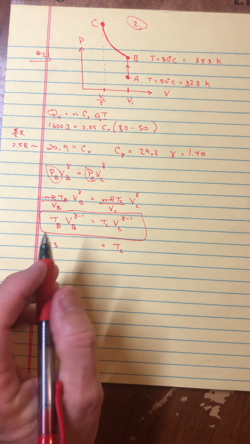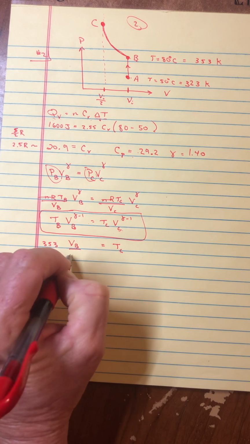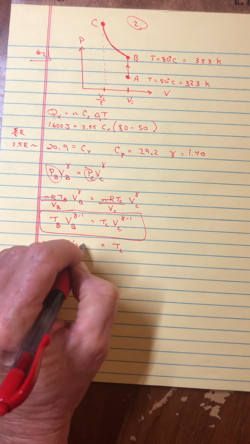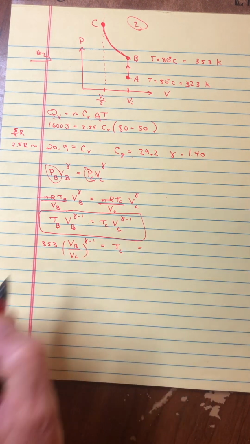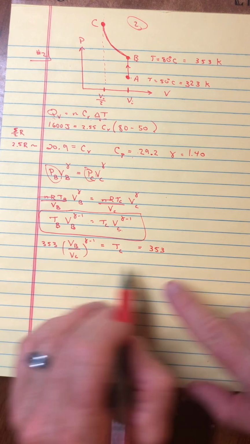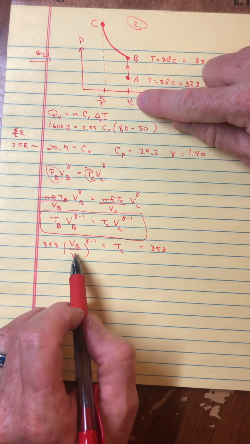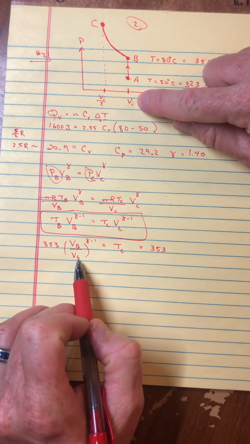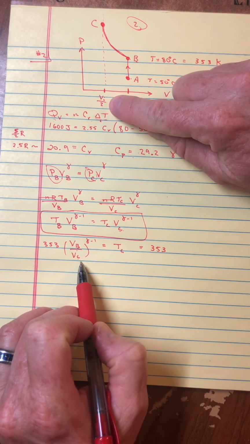Okay. What's nice then is I can write this as volume at B over volume at C, gamma minus 1. And so let me just save paper here and write the 353. But you can see that the B is the initial, and then I'm going to divide it by volume at C, which is half that much.